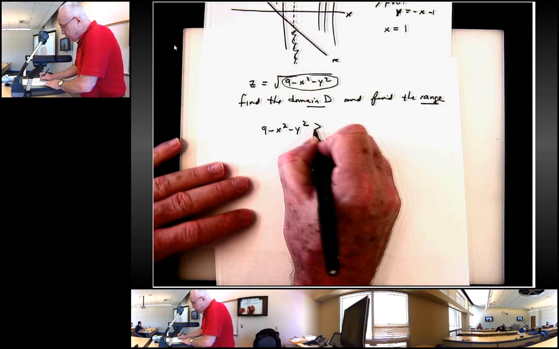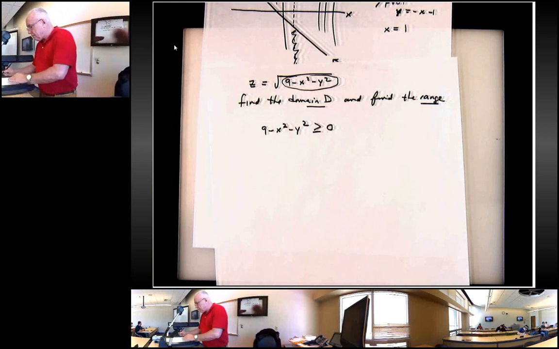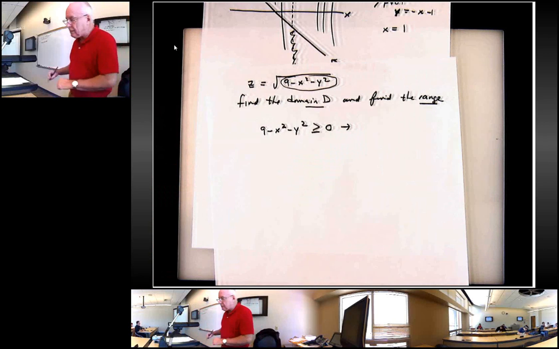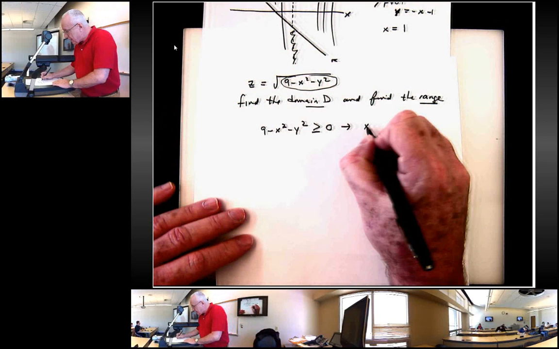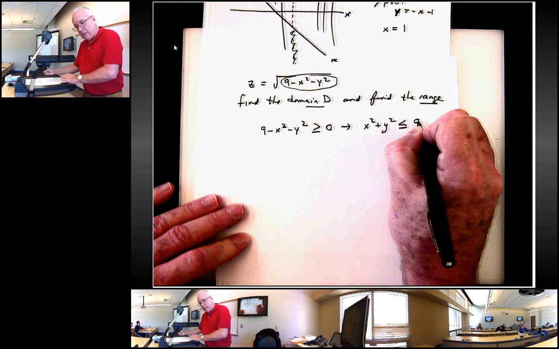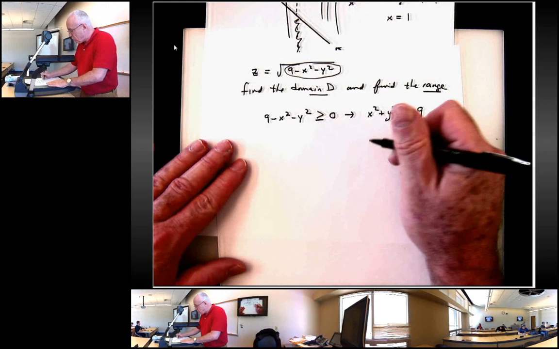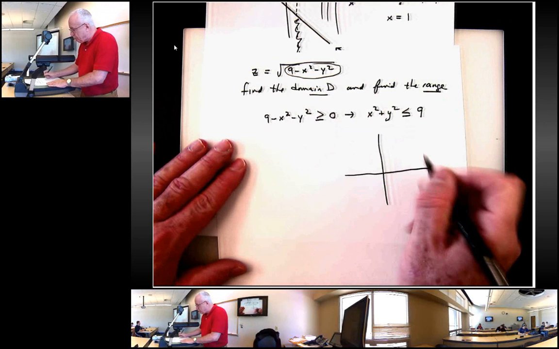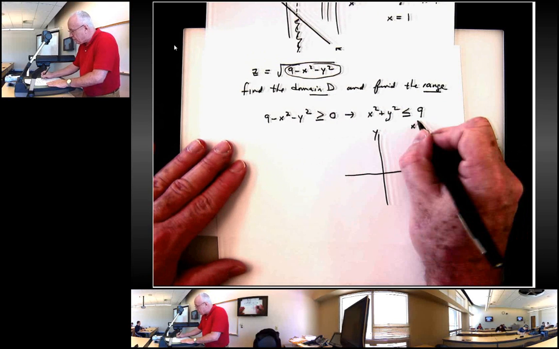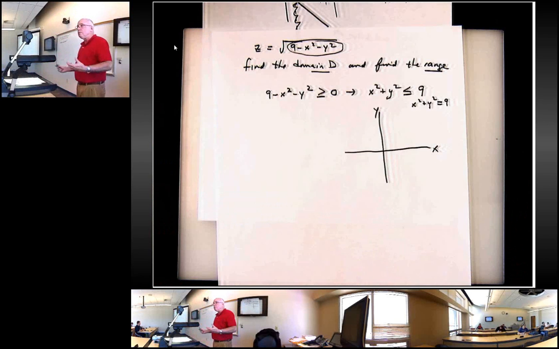If I manipulate this a little bit, adding the x squared and y squared, I end up getting x squared plus y squared has to be less than or equal to the number 9. If we wanted to plot this domain, we know that x squared plus y squared equaling 9 is a circle with radius 3.